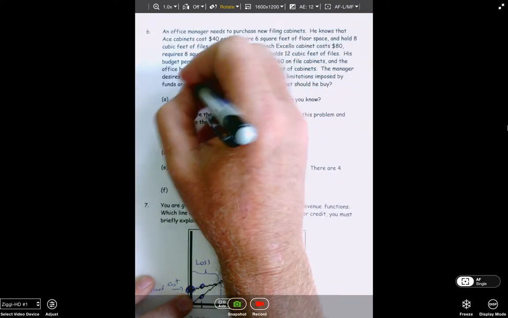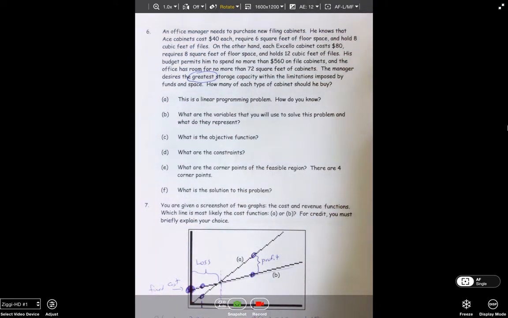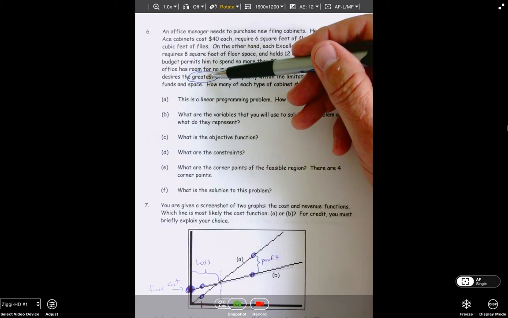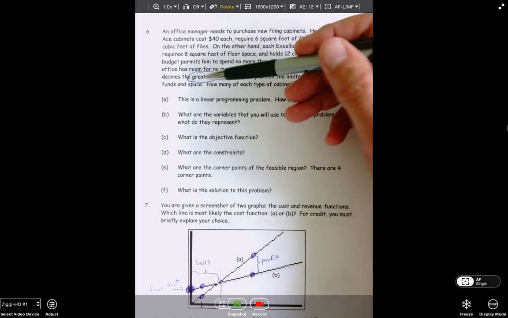Well, that tells us right there we want the greatest storage capacity. So we want to maximize the storage capacity based on certain conditions. So we know this is a linear programming problem because we're trying to find the biggest or the smallest value. Maximize or minimize, greatest, least.